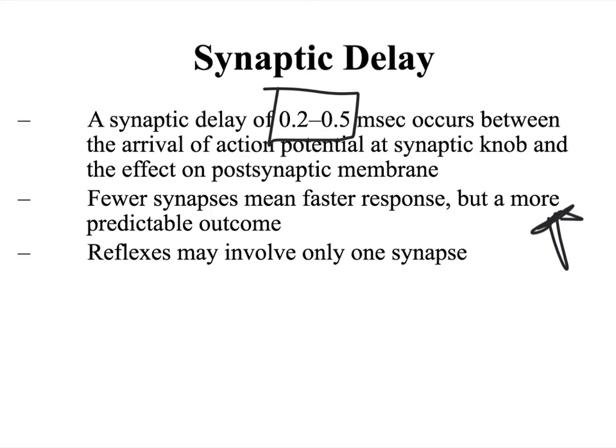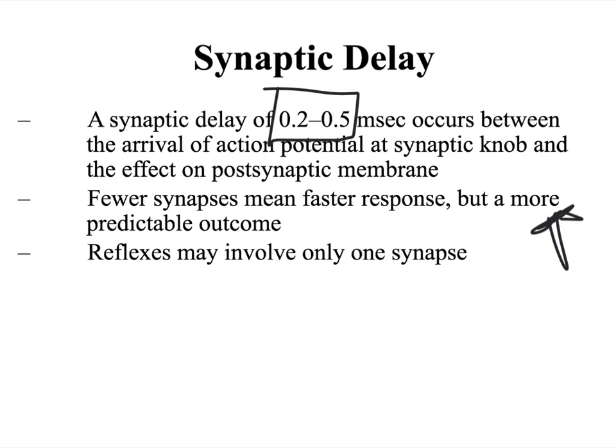And that's what you'll see in what they consider to be less evolved forms of life, and I use that with a little bit of worry. But in lower levels of animals, you'll have a faster reflex, but a much more predictable response.